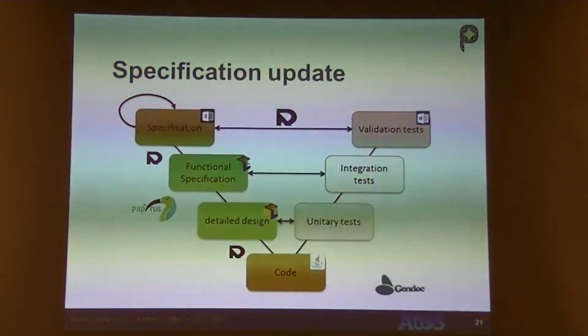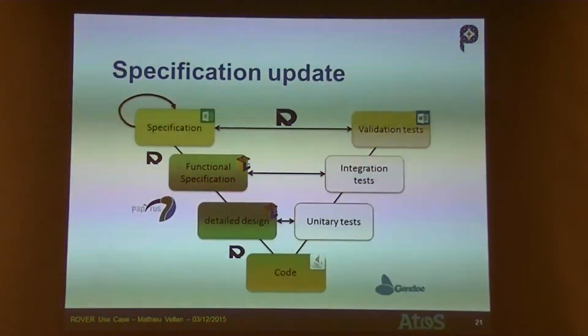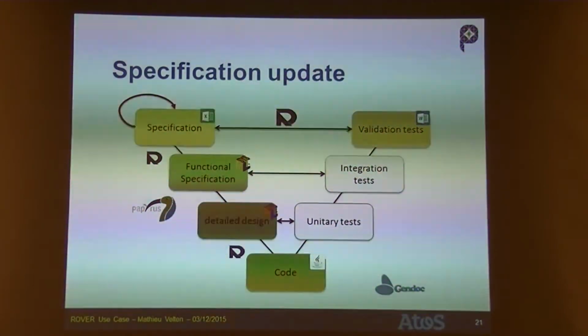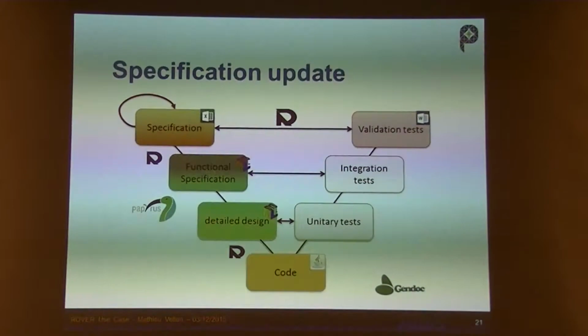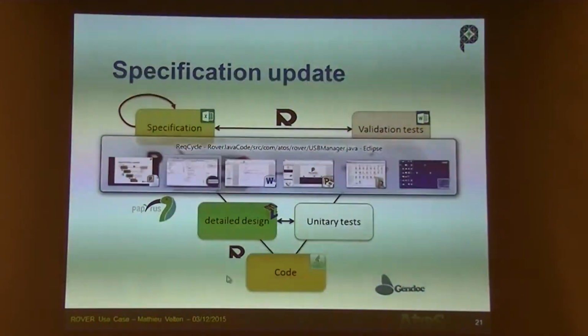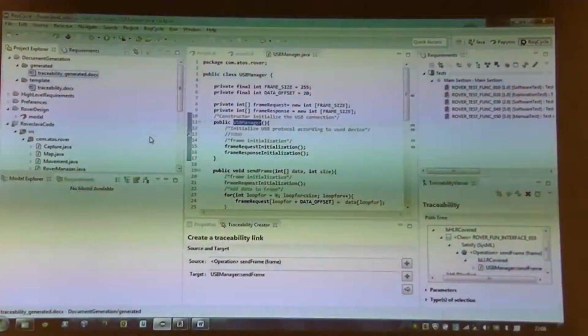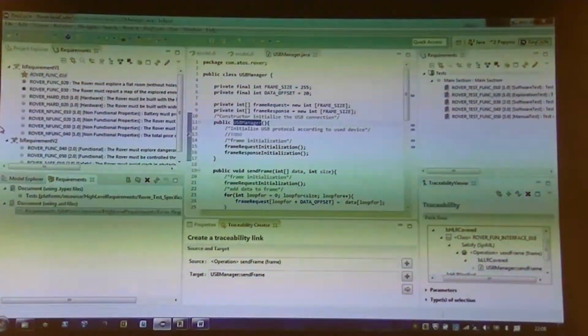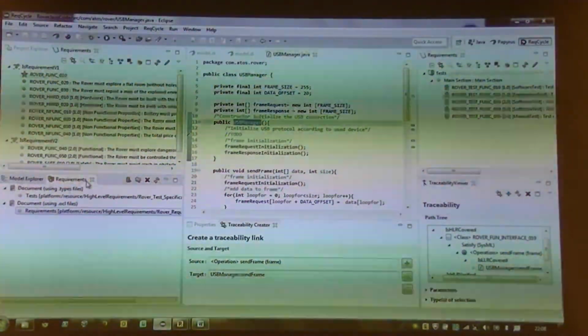Specification update. Like I said earlier, we also handle updates. So let's say another set of requirements are coming from the certification or from your client, and you want to update the requirements. Here, this view should not be called requirement sources.